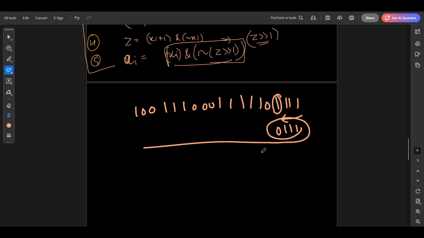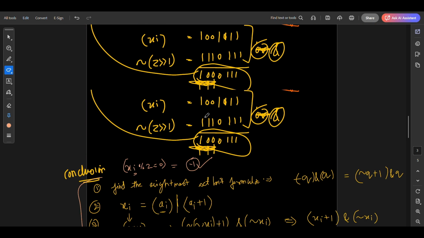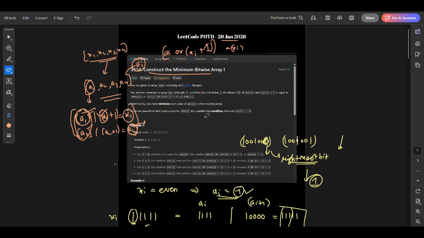Initially it was minus q and q, which finds the rightmost set bit. But minus q means invert of q plus 1, and q. So try to remember these formulas because this will help a lot in a contest.